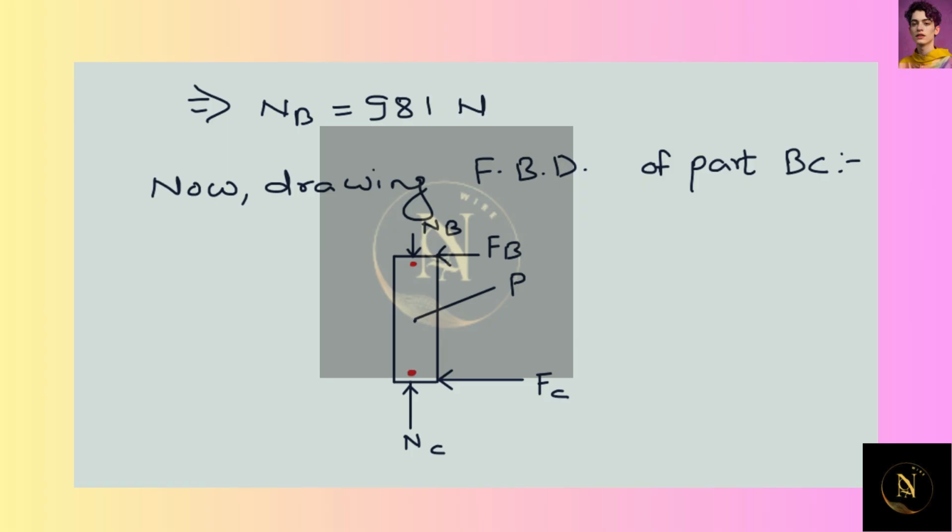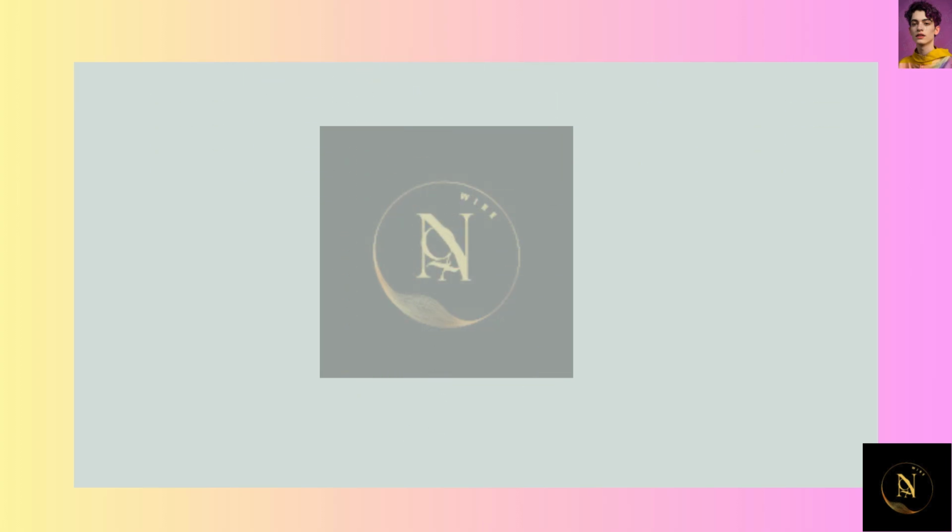Now we write this distance as 1 meter and this is 0.75 meter, and we can also write here 5, 3 and 4 as this is a triangle. Now we will calculate the other values.